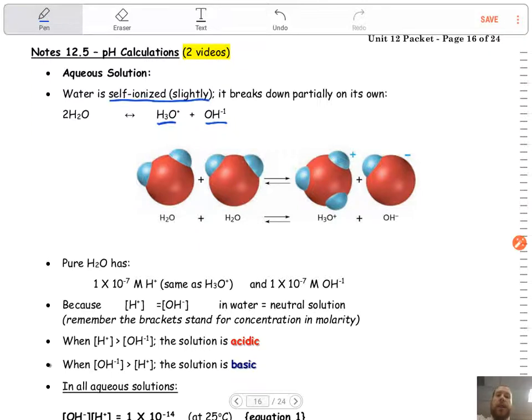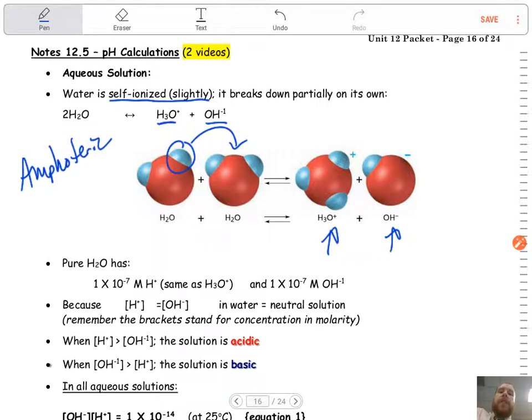And this is because we know that water can act either as a base or an acid. What's that term for something that can act as either an acid or a base? Amphoteric. Okay, so water, because it's amphoteric, can take one of its hydrogens and give it to the other one and then form the hydronium ion and the hydroxide ion.